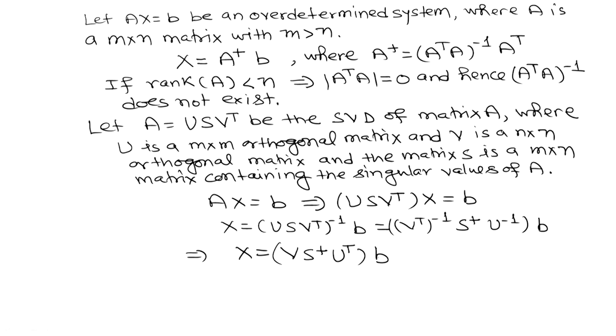Now, you can easily write V and U transpose, because this you are having already in singular value decomposition of A. Now, the question arises how to calculate this S plus.